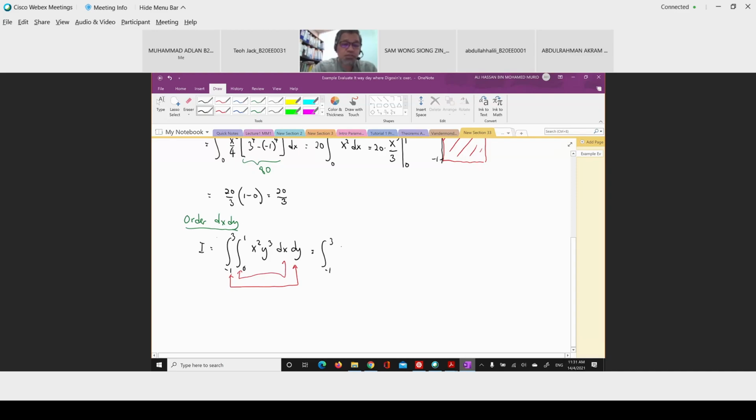What is the inner integral equal to? Remember, now we want to integrate with respect to x, holding y constant. It is x cubed over 3 times y to the power of 3, with limits 0 and 1, dy.